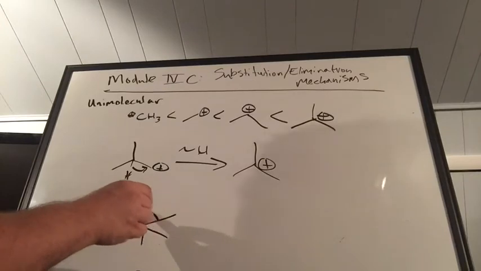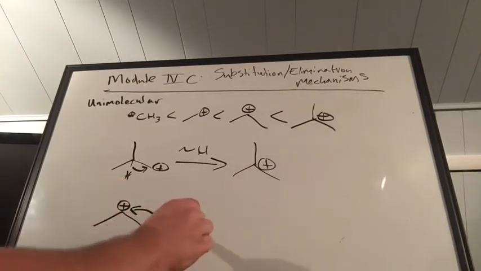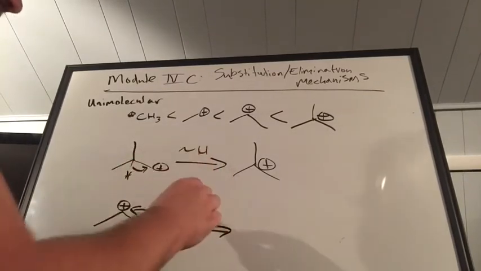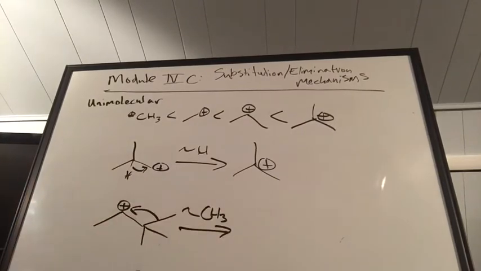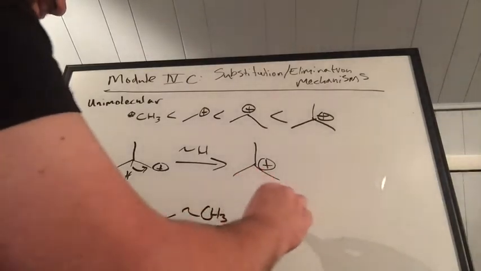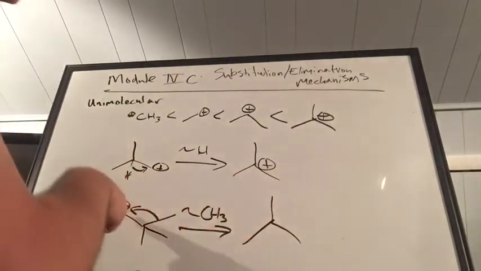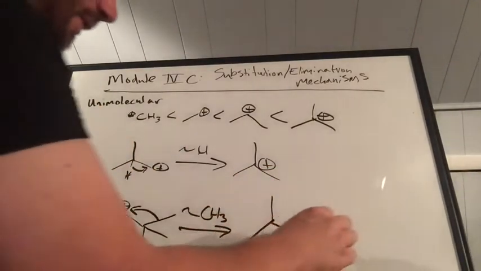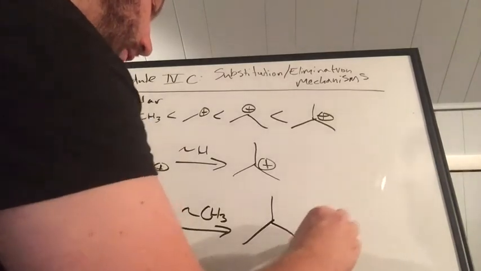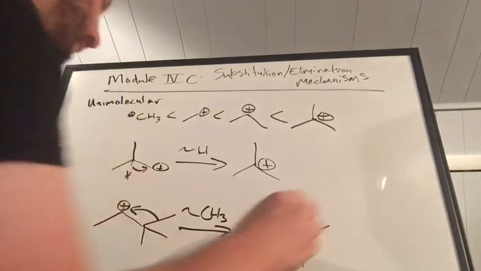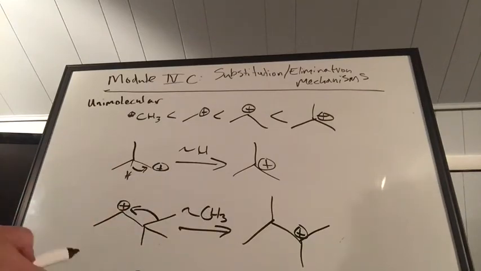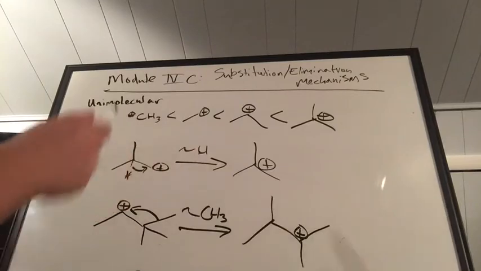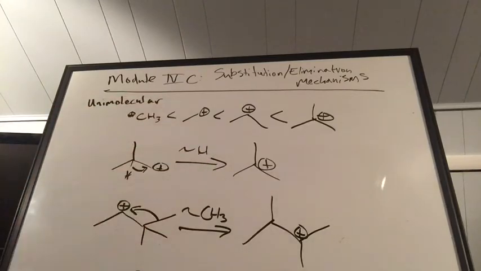So in other words, we're going to have some sort of methyl shift. Instead of tilde H, I'm going to have tilde CH3. And that's going to satisfy the octet of that secondary carbon. And now we're going to have a tertiary carbocation to the right. So that's just some rearrangement going from less stable to more stable carbocation.